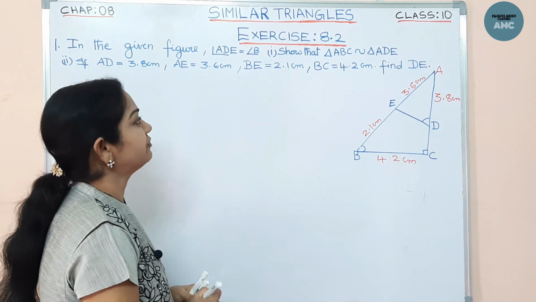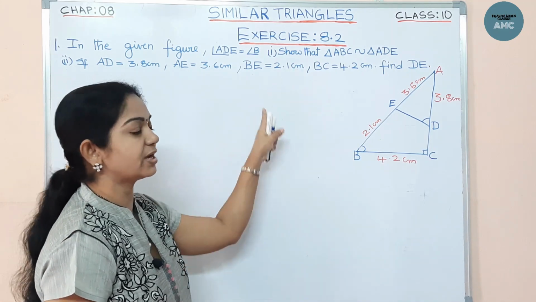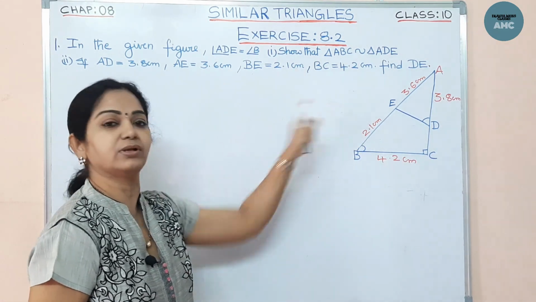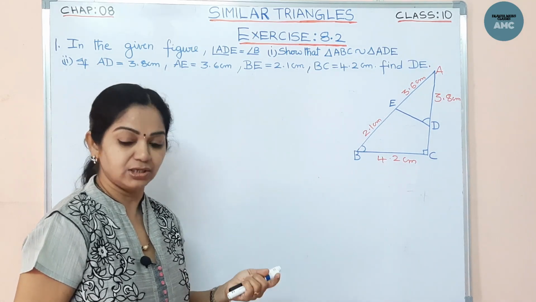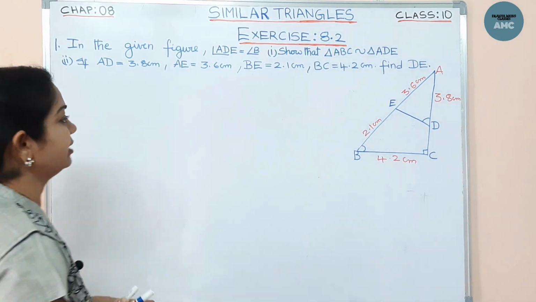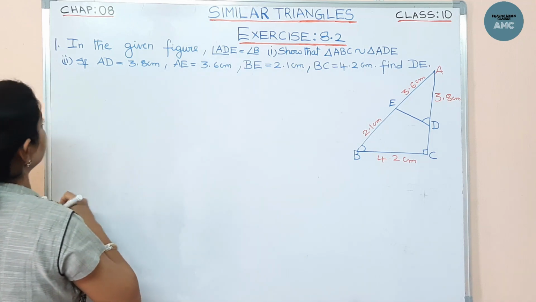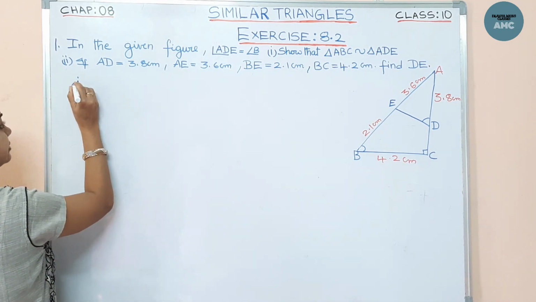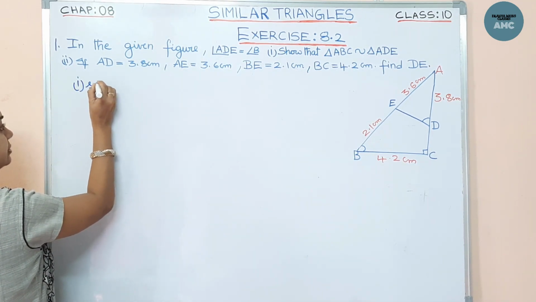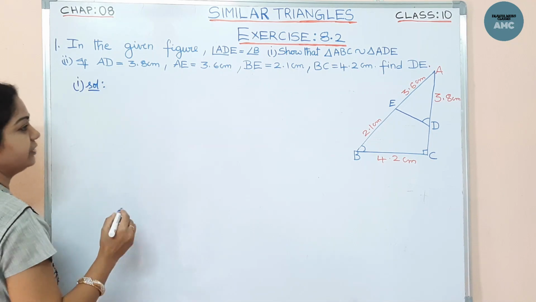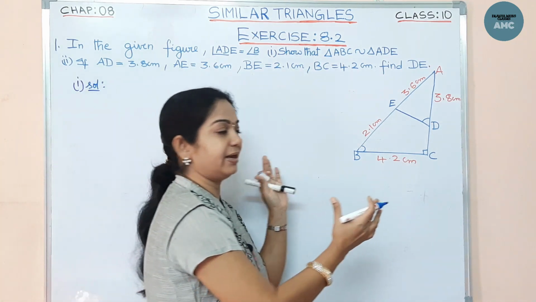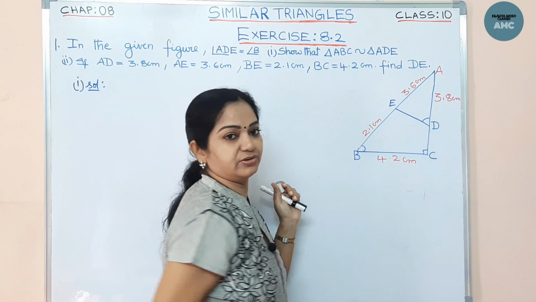Now we will do the first one. Show that those two triangles, the bigger triangle and the smaller triangle, are similar. So let's start with the solution of the first part. Here we will be comparing the bigger triangle and the smaller triangle.